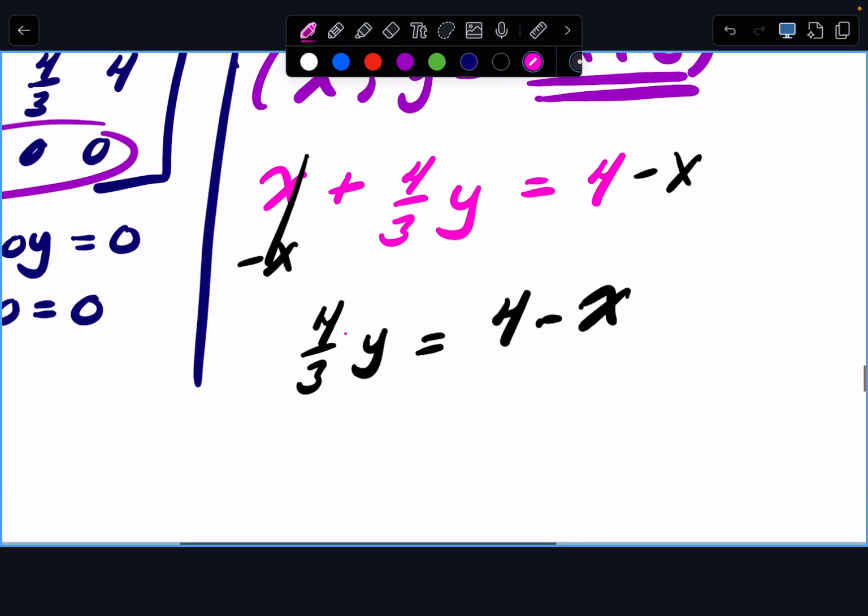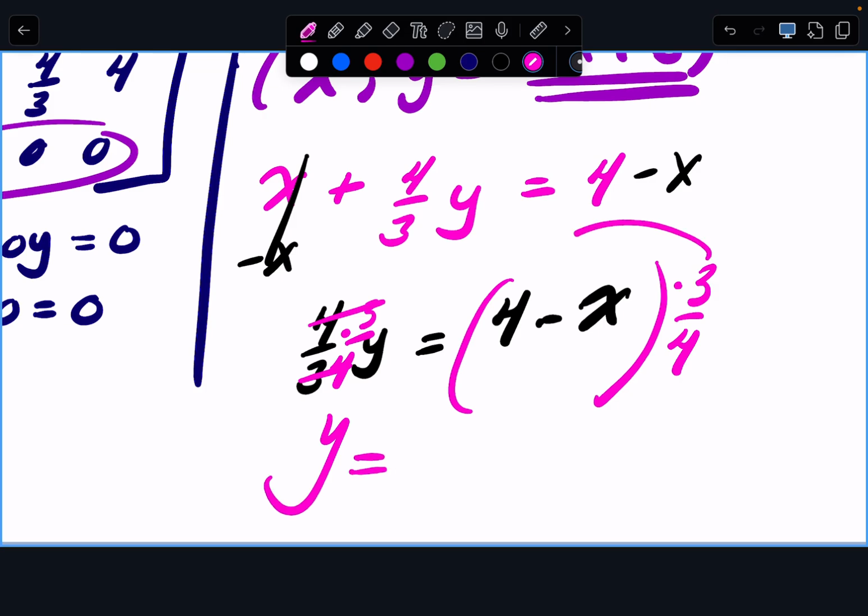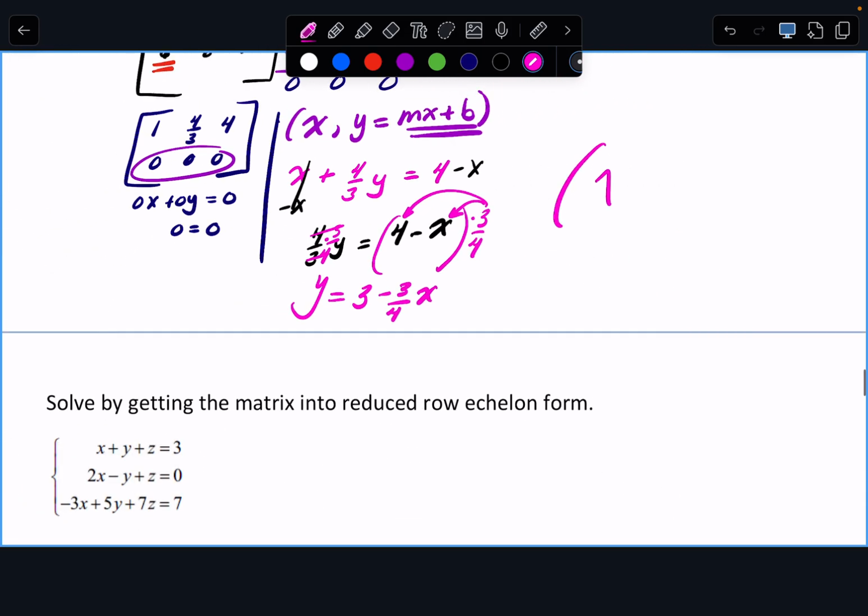I'm not going to divide by 4/3. I'm going to be smarter about it so my life is easier. I'm going to times by 3/4 to both sides. So y equals 4/3 times 3/4 is 3. And then we have negative 3/4 x. So that would be your infinite solution. x comma y equals negative 3/4 x plus 3.